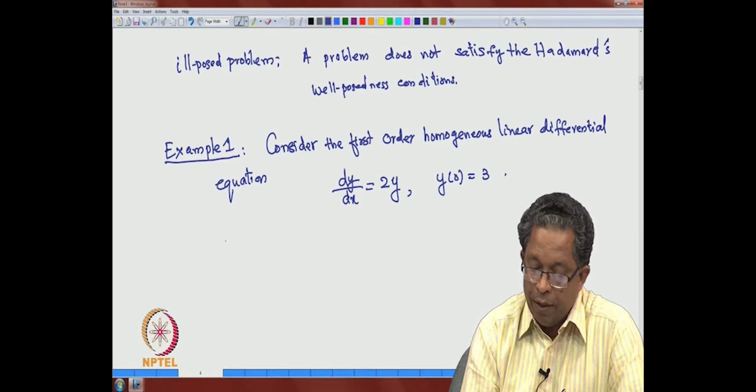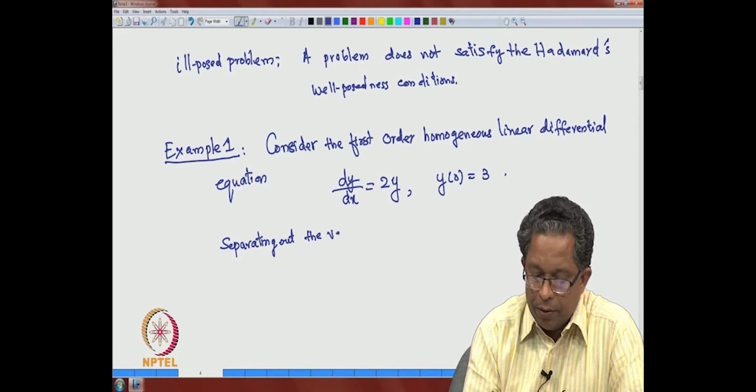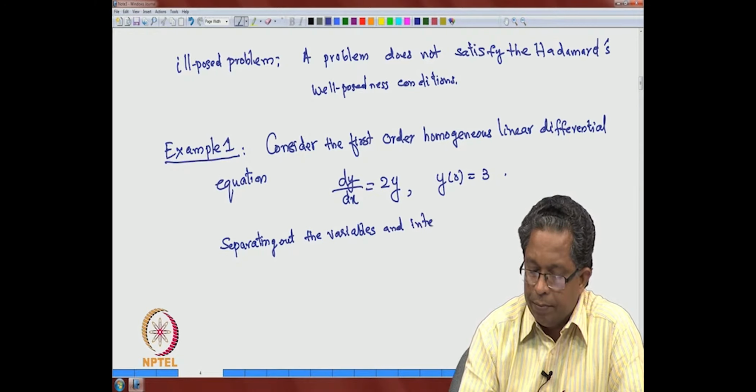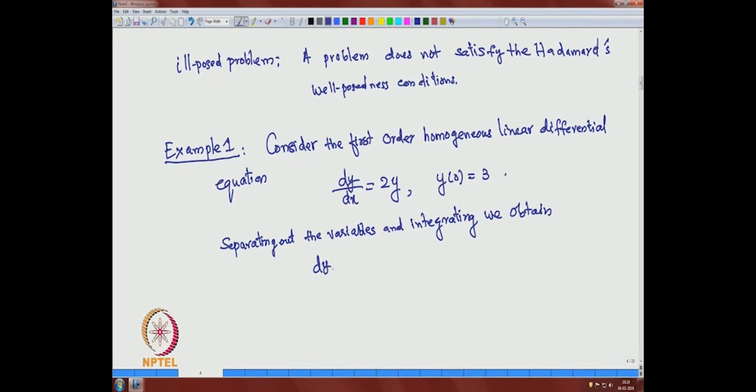If we separate out the variables and integrate, we obtain dy by y is equal to 2 dx, and integrating, adding a constant c, we get ln of y is equal to 2x plus c.